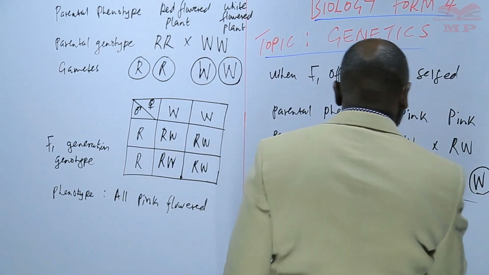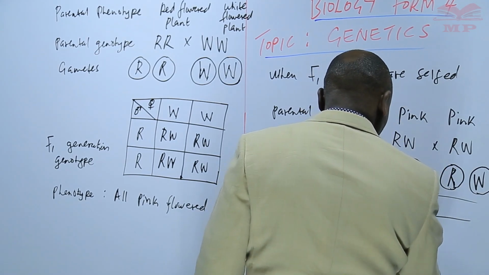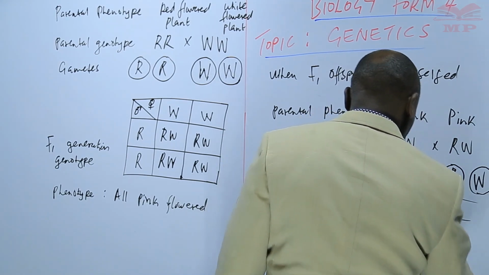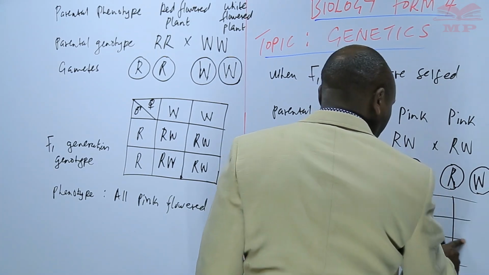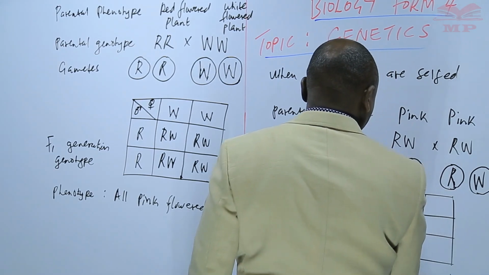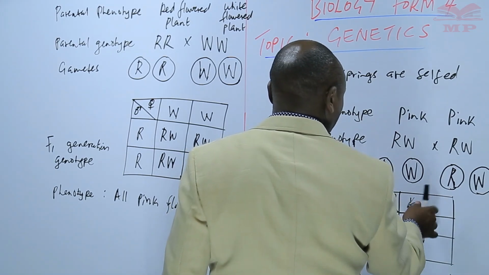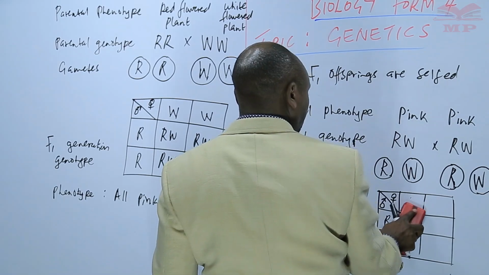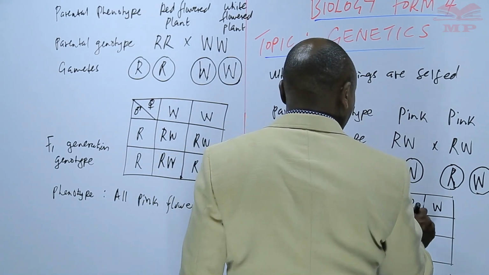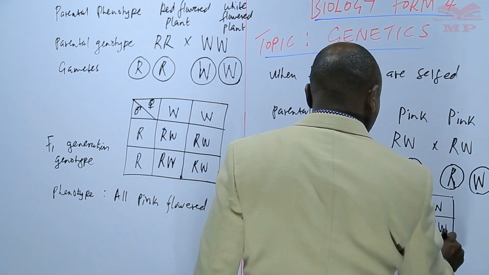So again, using a Punnett square, the female and the male, we had R, W and R, W. So here we get RR, RW, RW, WW.